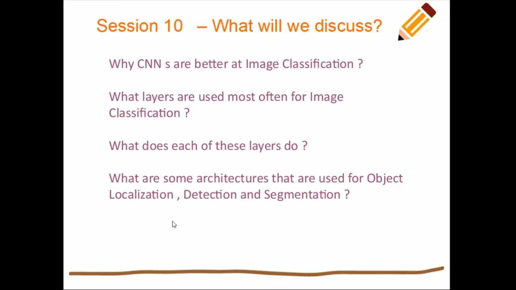These architectures build on the core CNN layers that we'll discuss first, and then we'll discuss some of those architectures which are used for object localization, detection, and segmentation. And obviously, as usual, we'll also see some notebooks.